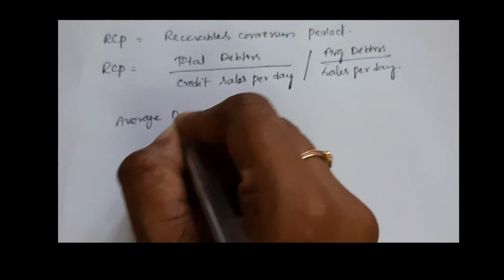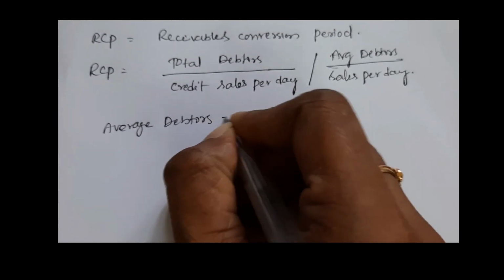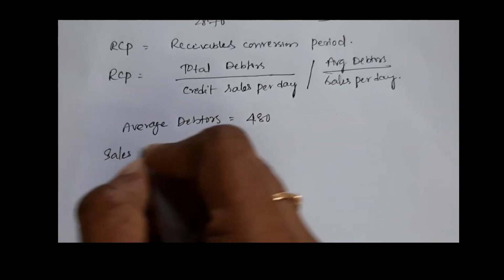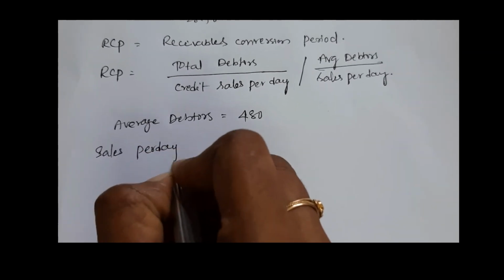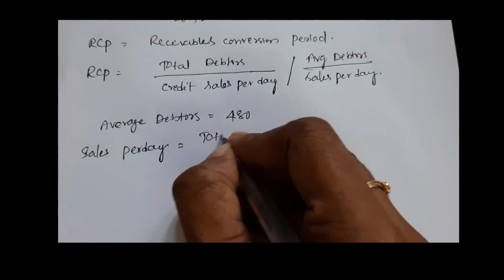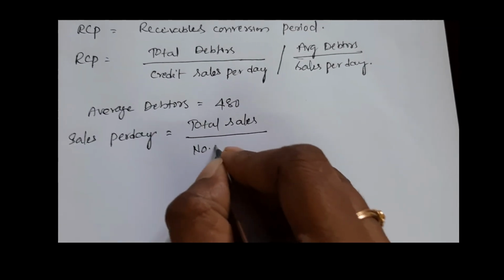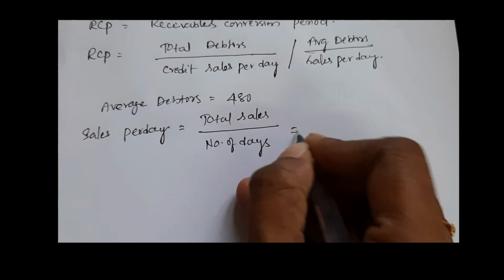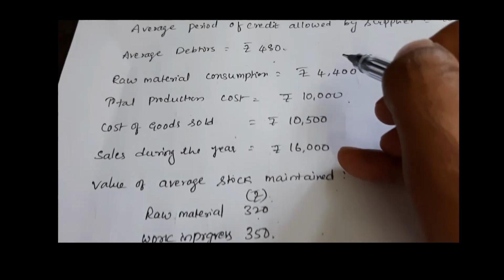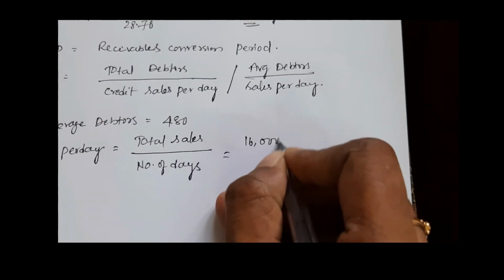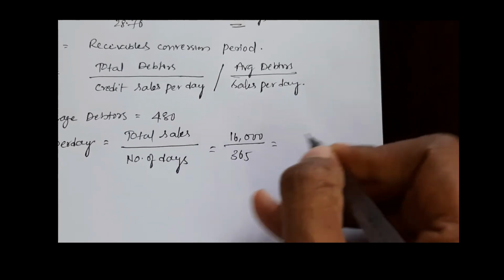So average debtors are 480. Then sales per day will be total sales divided by number of days. Total sales are given 16,000 and number of days are given 365 days.